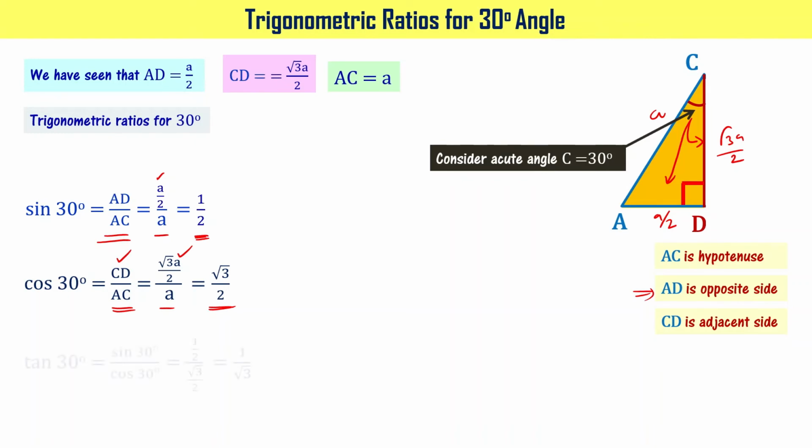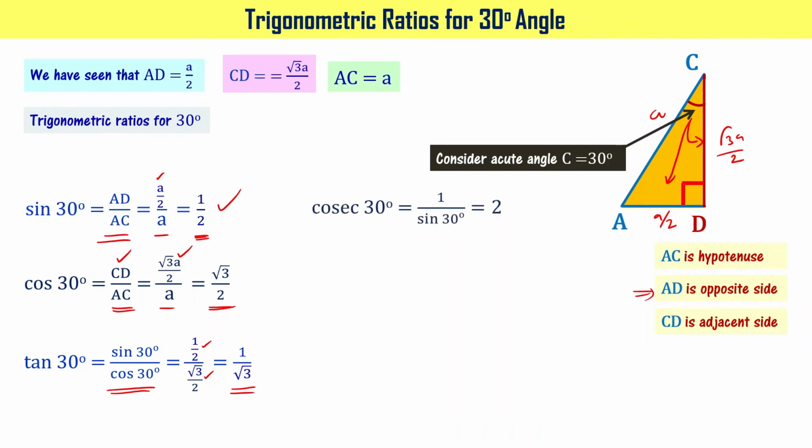Now tan 30 degrees is sine 30 degrees divided by cos 30 degrees, right? That can be written as 1 by 2 divided by root 3 by 2, that is equal to 1 by root 3. Now we know sine 30 degrees. What is going to be cosec 30 degrees? 1 by sine 30 degrees, that is equal to 2. And cos 30 degrees is root 3 by 2.